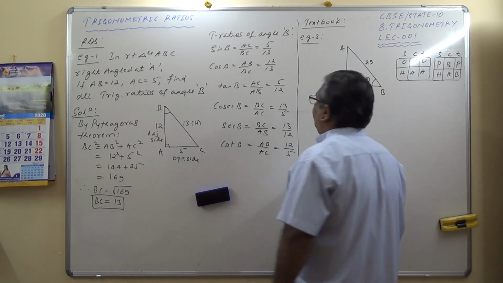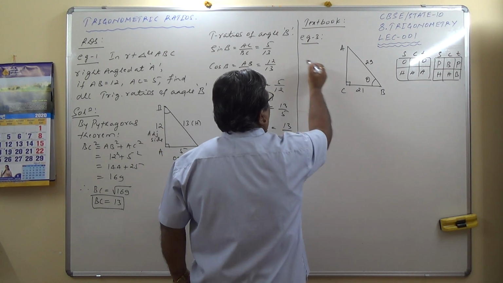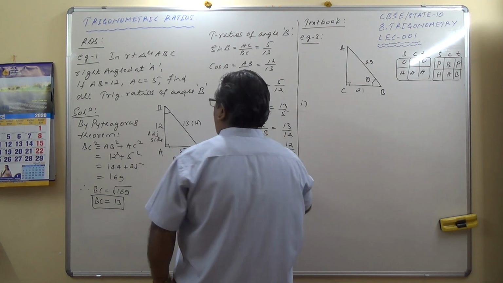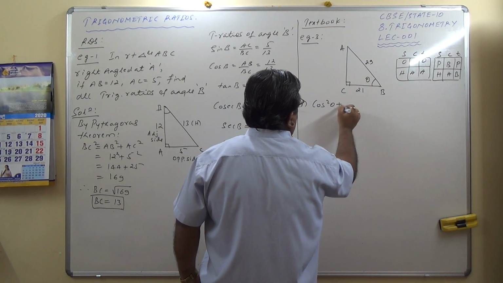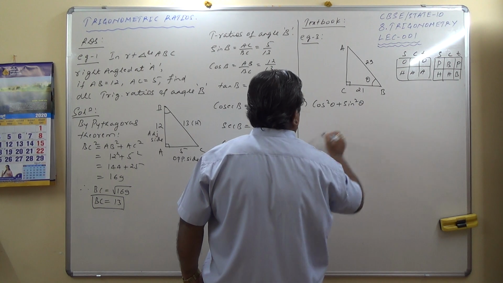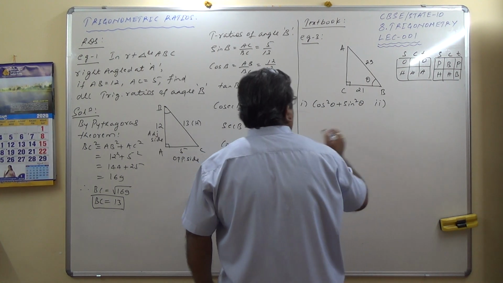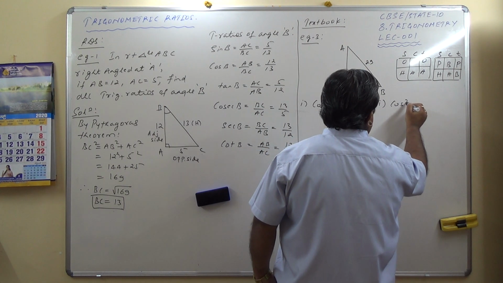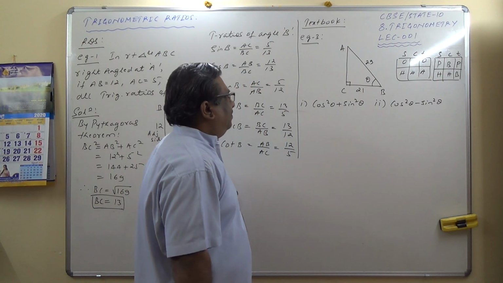We need to determine in this case, first, cos square theta plus sin square theta, and second, cos square theta minus sin square theta. This is what is to be determined.